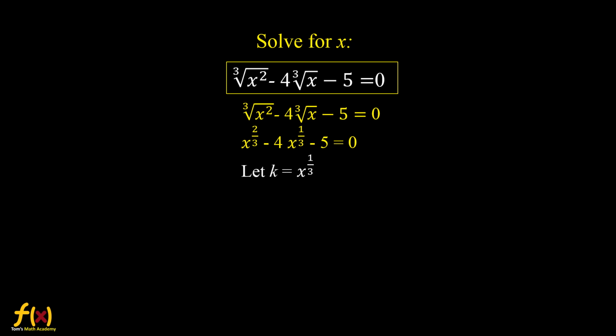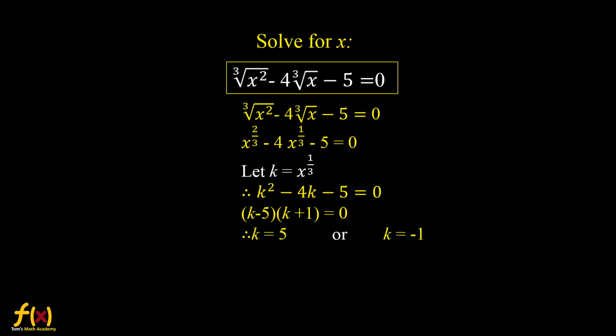We apply the k method here. k equal to x to the power 1 over 3. Therefore, k² − 4k − 5 = 0. (k − 5)(k + 1) = 0. k equal to 5 or k equal to minus 1.